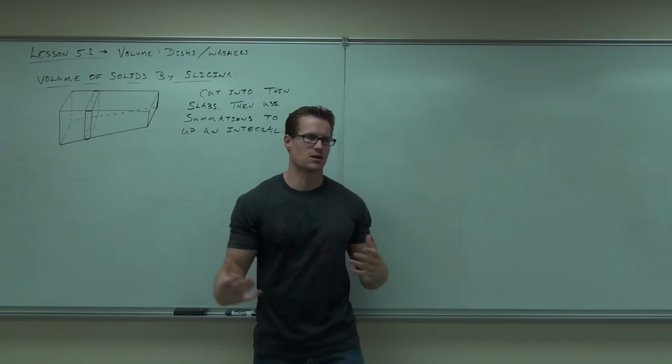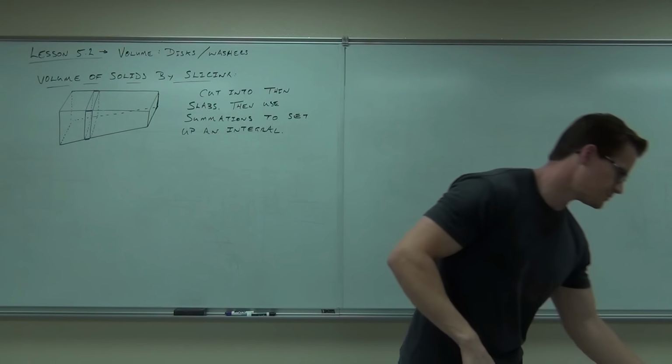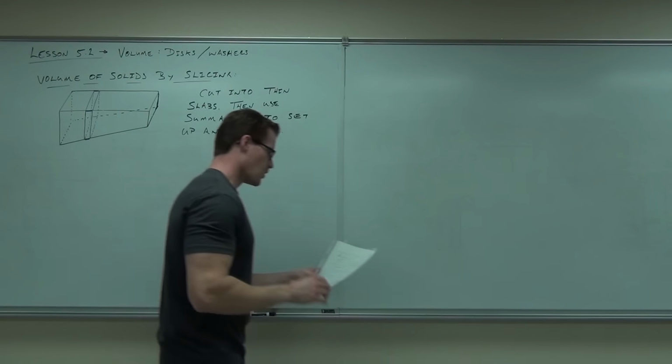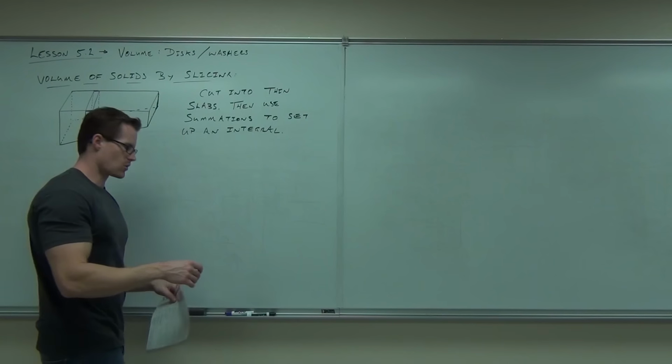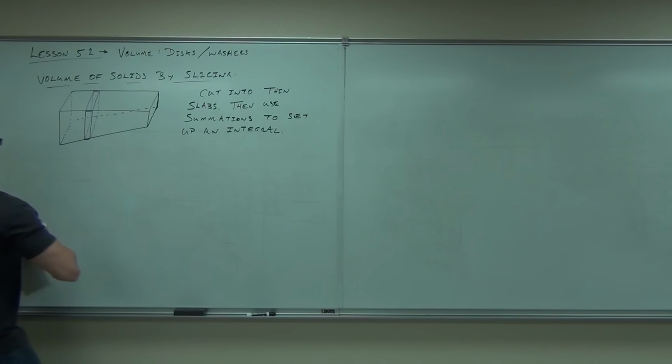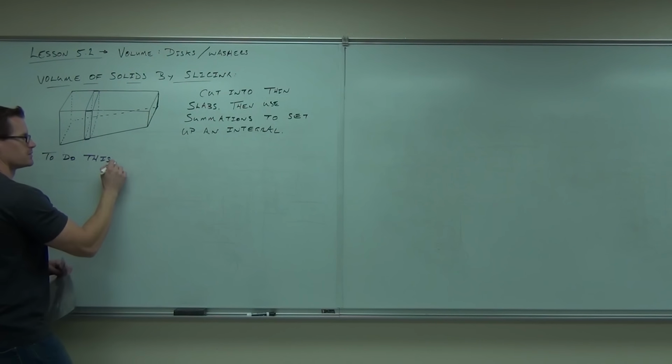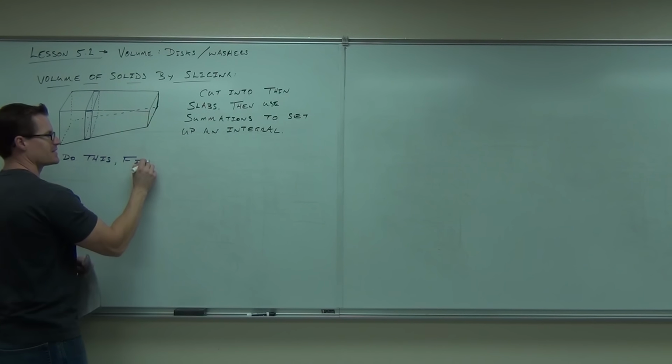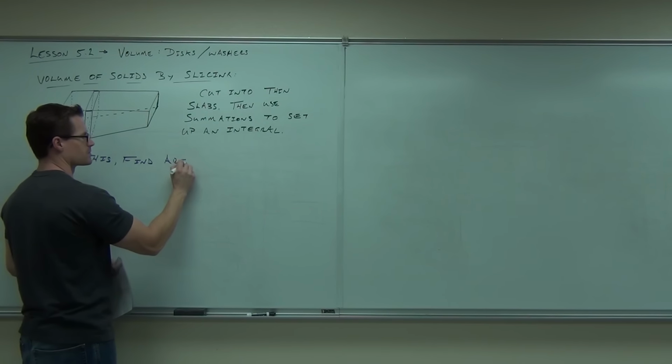And that's what we're doing here, except in terms of volume. So in order to do this, we need to find the area of the cross-section.